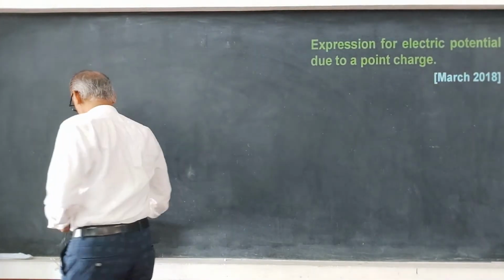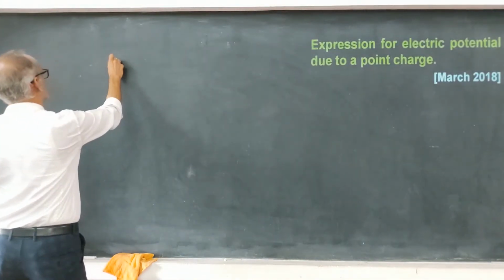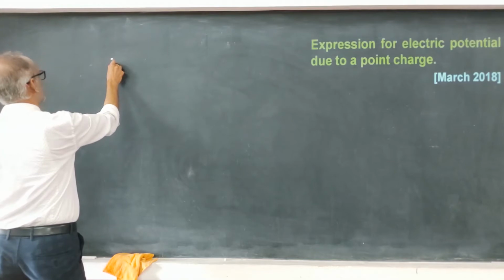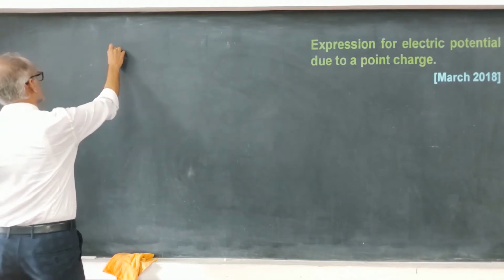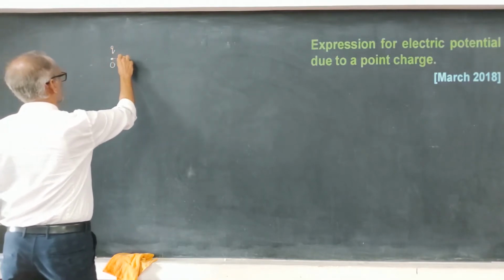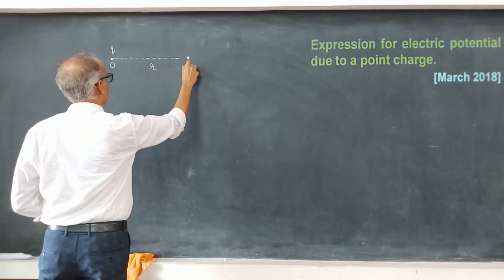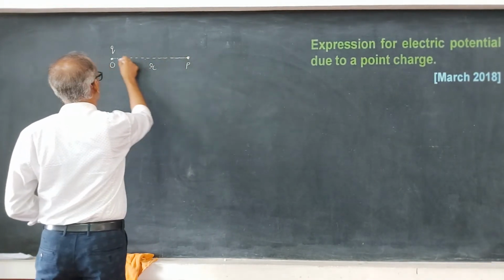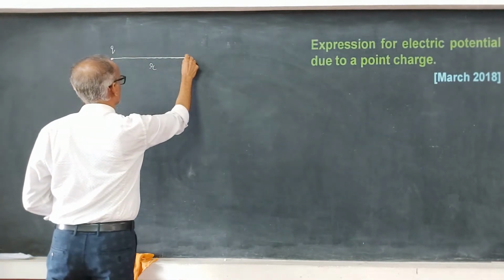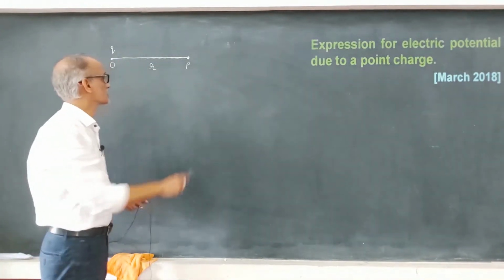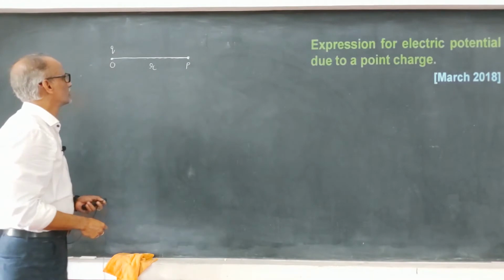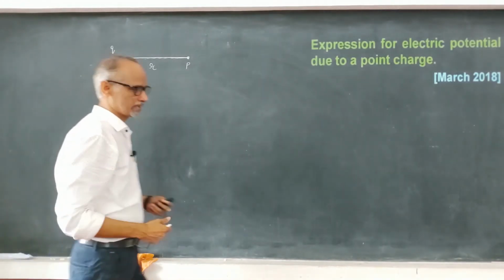So, I am going to consider a source charge q at point O. At a distance r, there is a point P where I want to find the electric potential. And how do you find potential at a point?